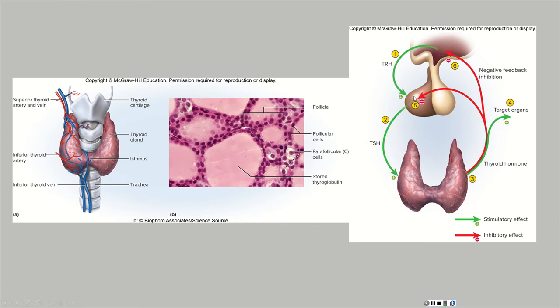Now the anterior pituitary responds by releasing TSH. The thyroid responds by releasing thyroid hormone, which does 2 things. It goes off and has its effect on the body, and it feeds back as a negative feedback loop to tell the hypothalamus to stop releasing TRH, and it tells the anterior pituitary to stop releasing TSH. Classic negative feedback loop.